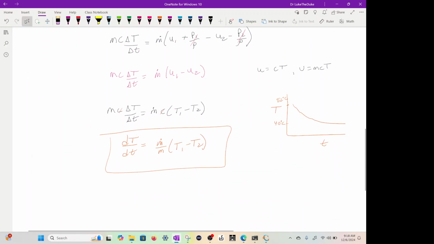And what we ended up having was this boxed equation that solves for the temperature of the tank with respect to time: d T of the tank over dt equals m dot over m, T1 minus T2.